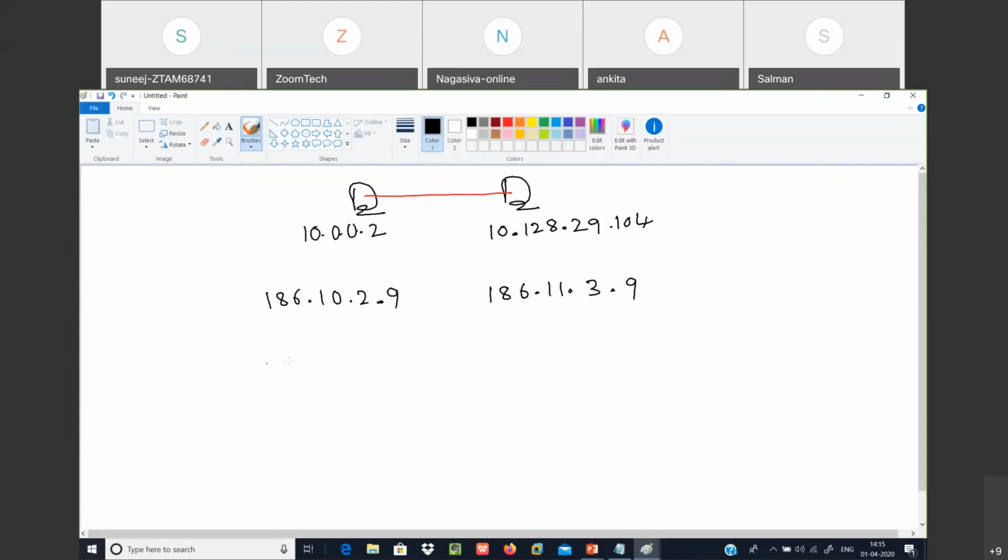Right. Next example, 192.168.10.10 for one PC and 192.168.11.10 for the neighbor PC. Will they communicate?